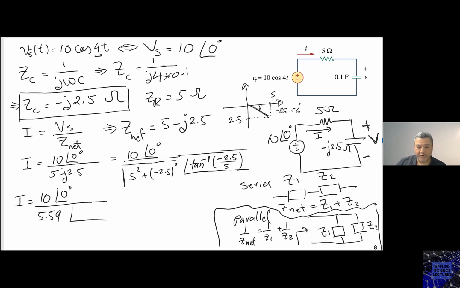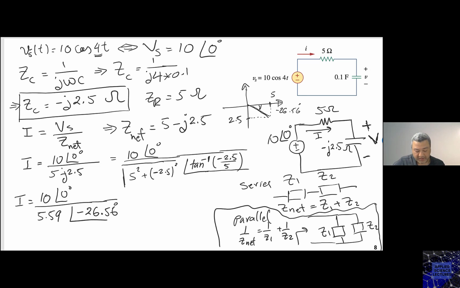It should be minus 26. That's what we're going to use, the angle that is the closest to the x-axis. So in this case, it will be minus 26.56 degrees.